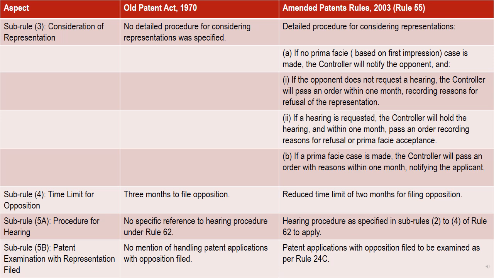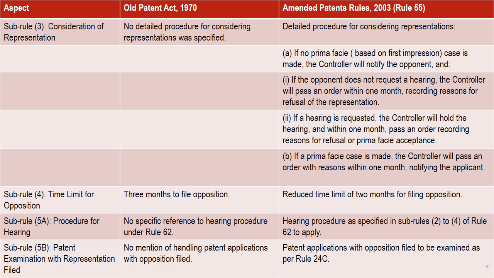First, if the opponent doesn't request a hearing, the controller will pass an order within 1 month recording the reasons for rejecting the representation. Second, if the opponent requests a hearing, the controller will arrange the hearing and then pass an order within 1 month of the hearing, explaining why the opposition is rejected or accepted. The applicant will be informed accordingly.